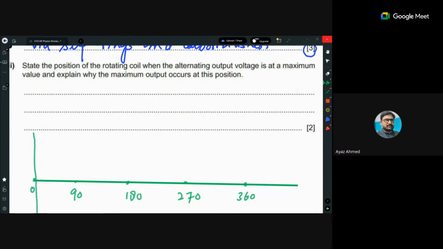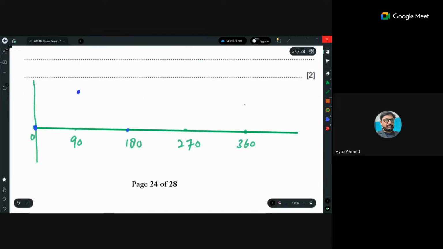I'm not going to draw the position of the coil. Then what happens to the current here? Zero. For 90 degrees it is maximum, for 180 degrees it is again zero, at 270 it is again maximum, and at 360 it is zero. So you will draw it in this way.